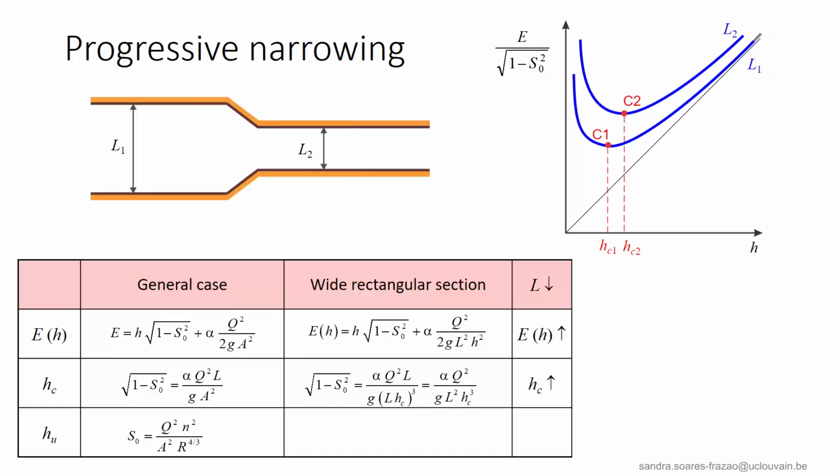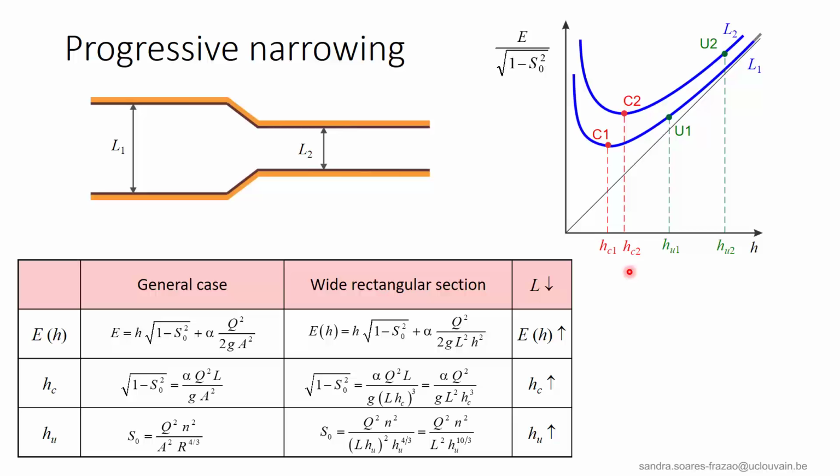Looking at the equation of the critical depth, we see that Hc also increases when the width decreases. So C2 is at the right of C1 and of course above C1 and corresponds to a critical depth Hc2 larger than Hc1.